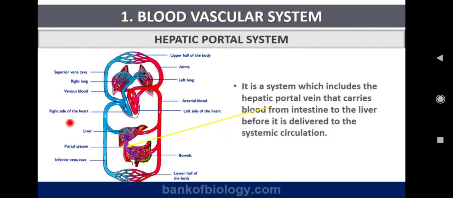So this will be carried to the liver. So here also one circulation system is there, before carrying deoxygenated blood to the heart. During this time, it carries all the nutrients from the small intestine to the liver. This is called the hepatic portal system. Don't forget.